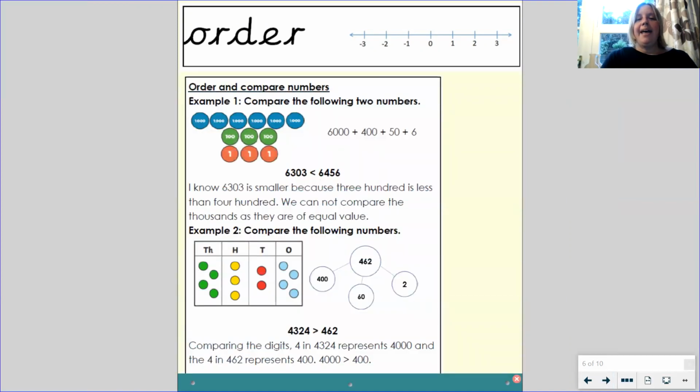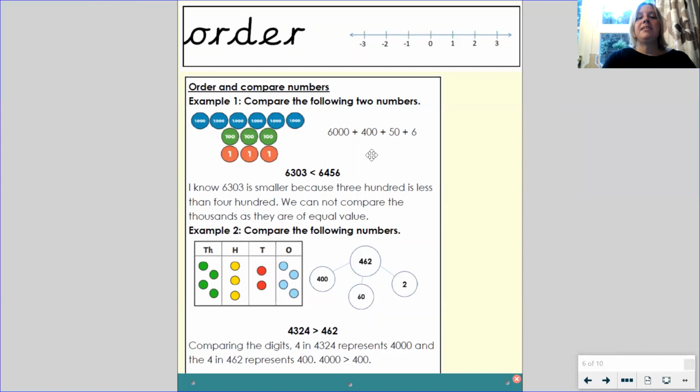We can compare and order the following numbers. Here we have a representation of 6,303. Here we have a representation of 6,456.